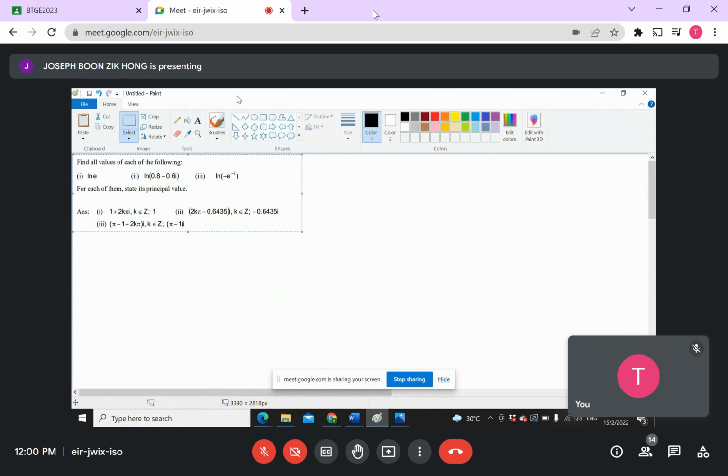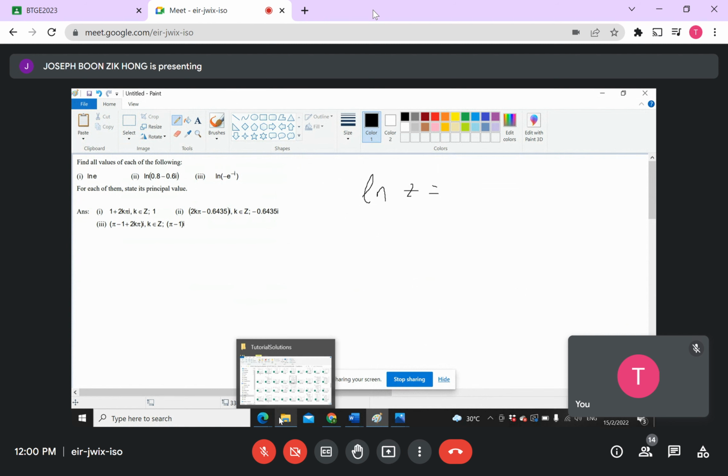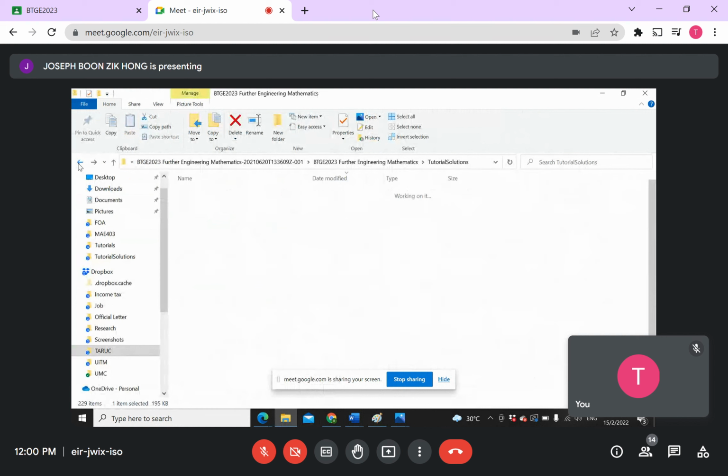Okay, so before we do this one, just try to memorize our formula. We have ln z is equal to, I can't remember the formula.